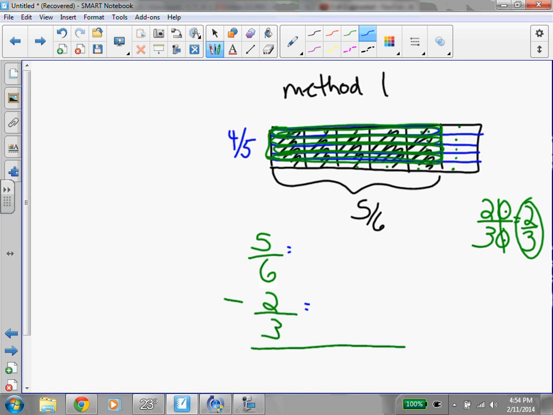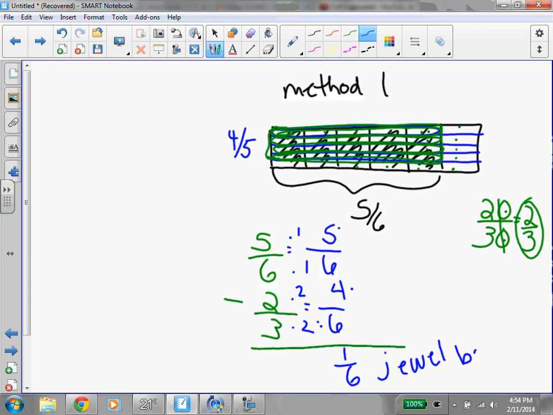So the common denominator is 6. 6 times 1 is 6. 5 times 1 is 5. 3 times 2 is 6. And 2 times 2 is 4. 5/6 minus 4/6 equals 1/6. So she used 1/6 for the jewel box. That's what she had left. That's your answer. And that's solving it using method 1.